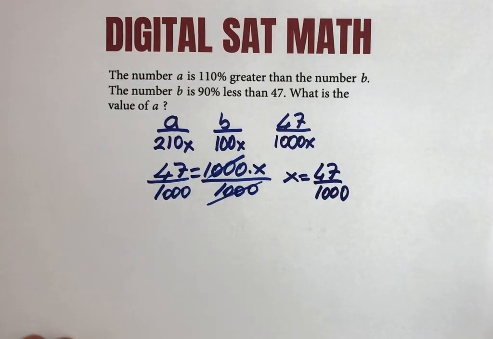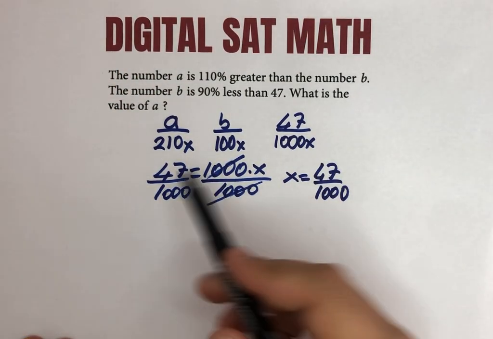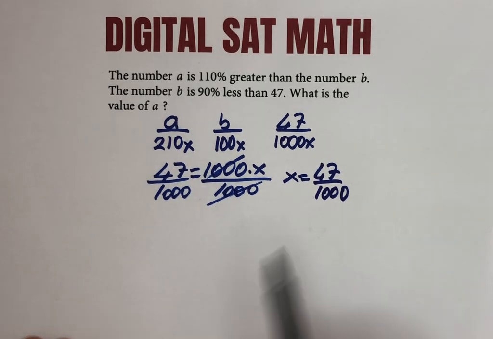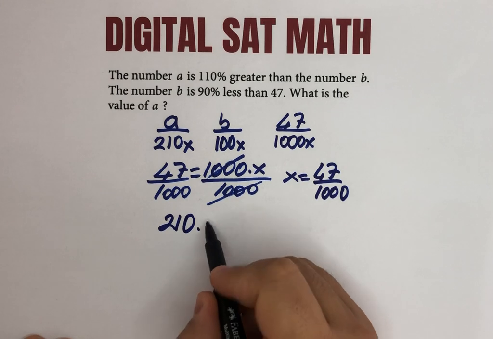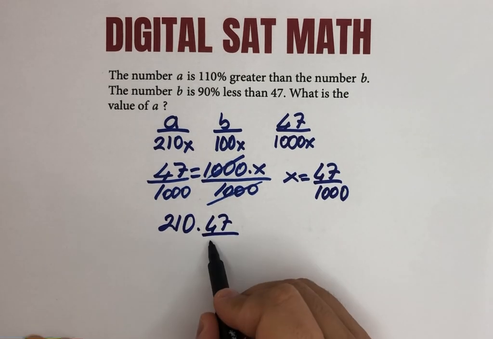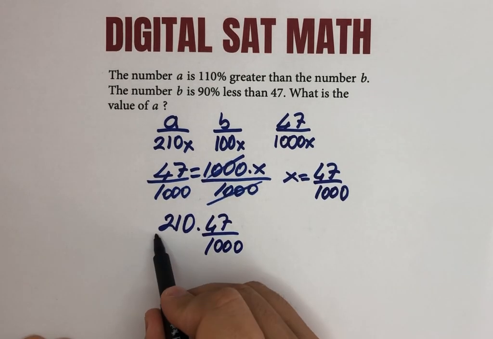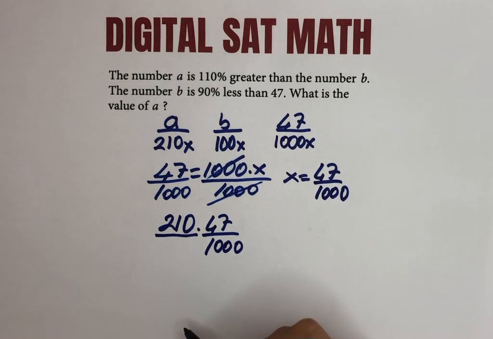And what was the question again? What is the value of A? To find the value of A, we called A 210x. Let's go ahead and multiply 210 by 47 over 1000. There is no denominator indicated for 210, which means it is 1, right?